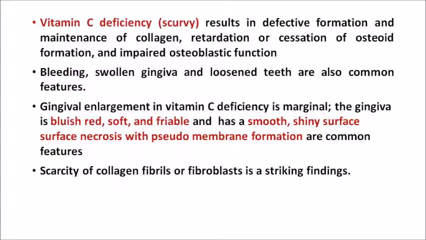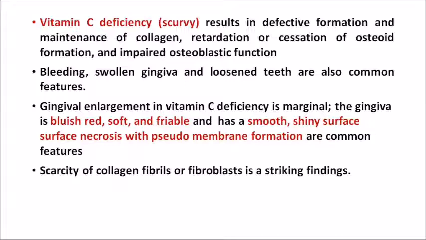Next conditioned enlargement is due to vitamin C deficiency or scurvy. Here there is defective formation and maintenance of collagen. And as we know, the major composition of bone is also collagen. So there is retardation or cessation of osteoid formation and impairment of osteoblastic function also. In gingiva, bleeding, swelling of gingiva and loosened teeth are the common features.